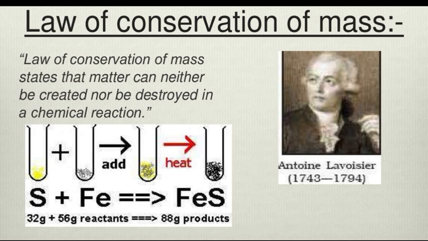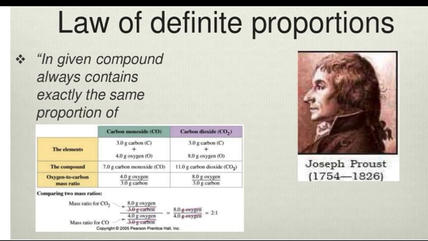Okay. Next, move to the law of definite proportions, proposed by Joseph Proust. It states a chemical compound always contains the same elements in a fixed proportion by mass. For example, water always contains hydrogen and oxygen in the mass ratio of 1:8, right?